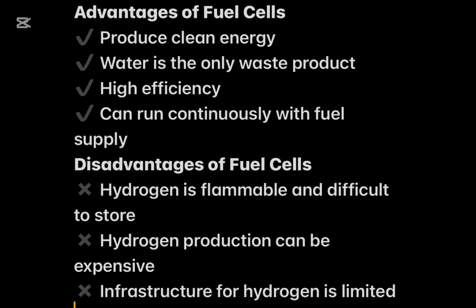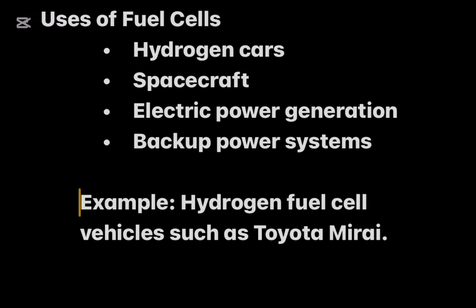Hydrogen production can be expensive, also true, and infrastructure for hydrogen is limited. So these are the disadvantages. Let's talk about the uses of fuel cells. They are used to make hydrogen cars, spacecraft, electric power generators, and backup power.